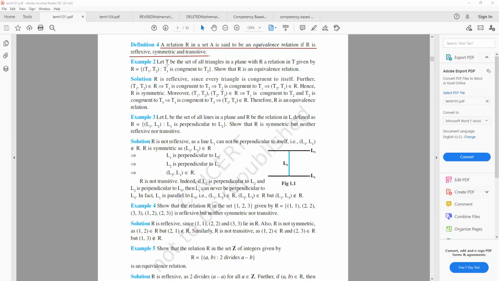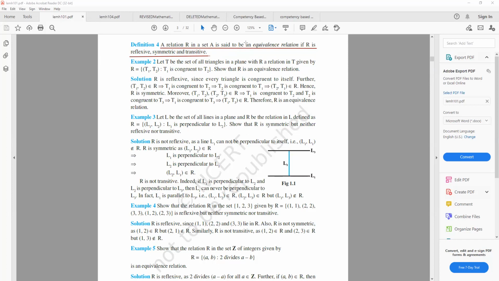Your set is, मैंने बोला था set of all triangles in the world or whatever, set of all triangles in the universe. Then the relation was similar to. Then we have seen that every triangle is similar to that triangle itself, so it is reflexive relation.